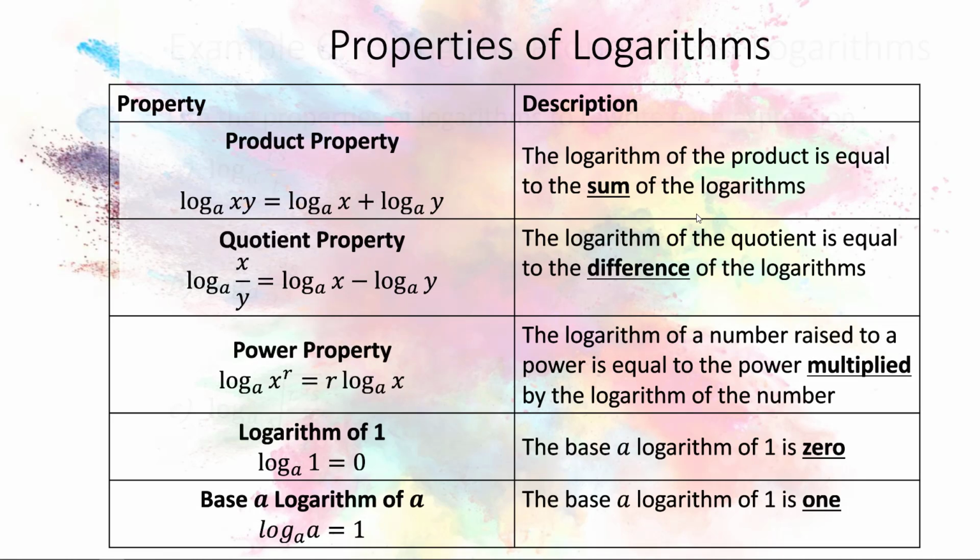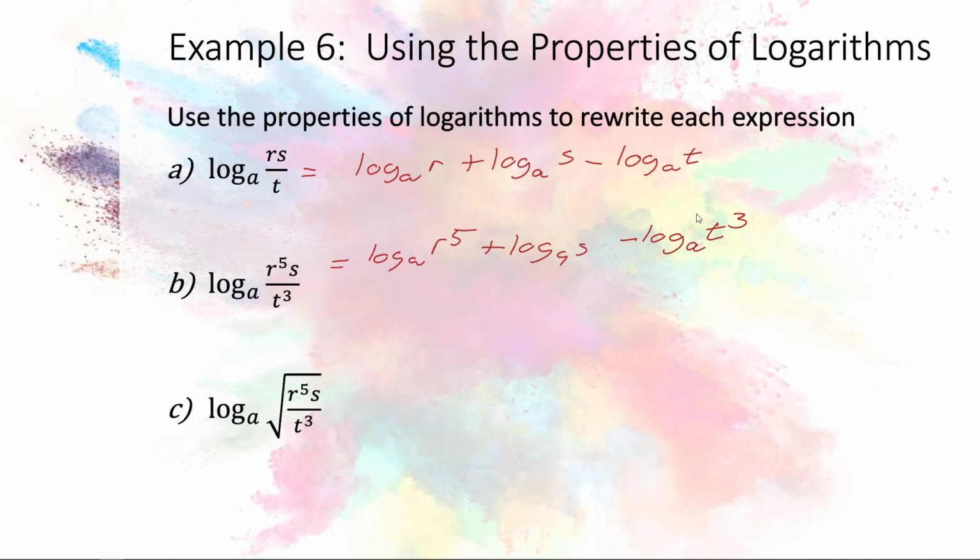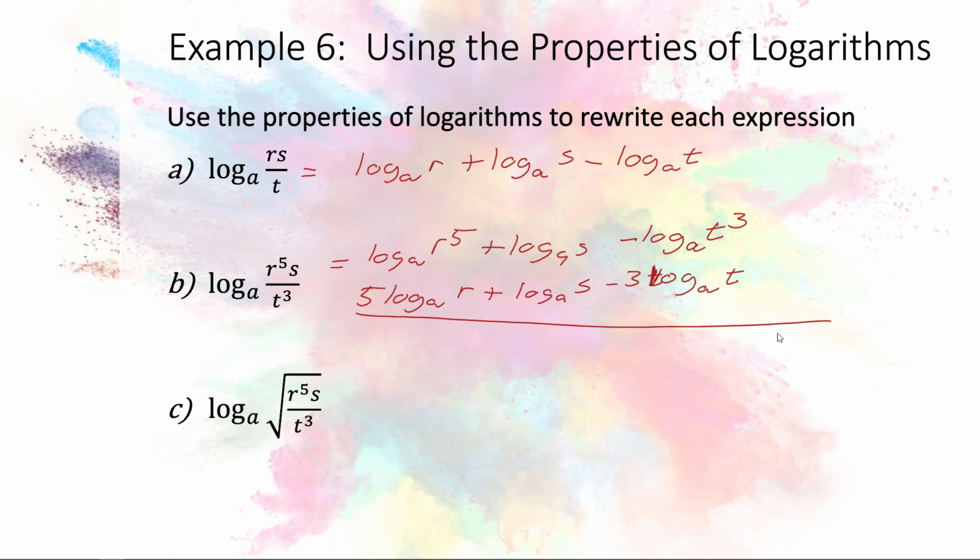Then we can use the power property to simplify this expression and this expression, and that would give us 5 log base a of r plus log base a of s minus 3 times log base a of t, and that would be our answer for this particular one.